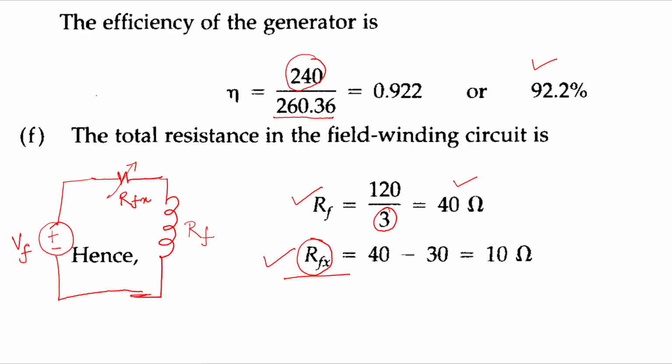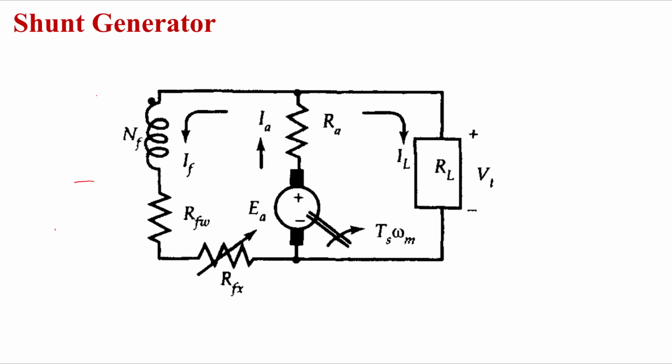Okay. So this is about your separately excited DC generator. So today we'll see the shunt generator. This is a self-excited generator. So self-excited generator, I told you, we have shunt connected, series connected, then compound connected, right?